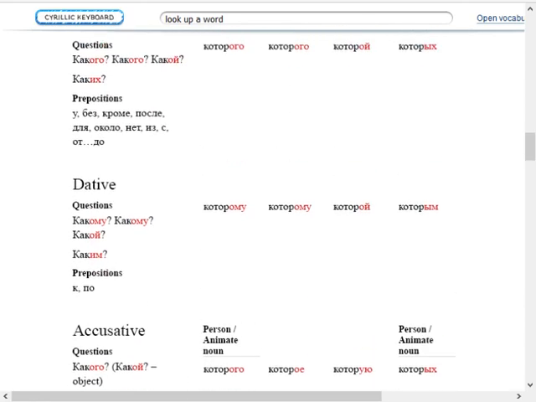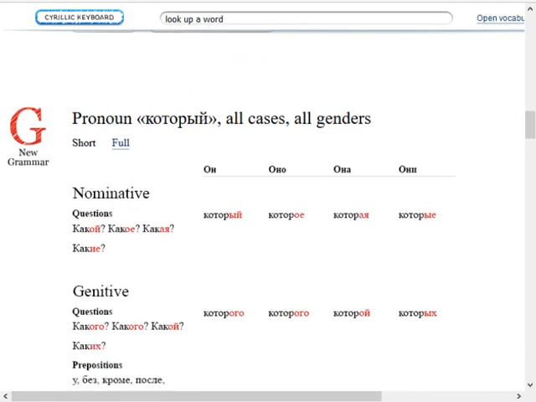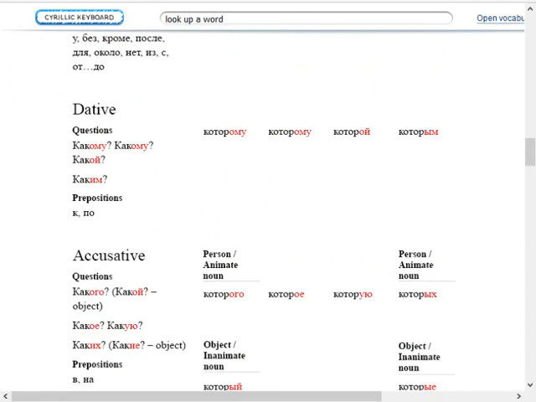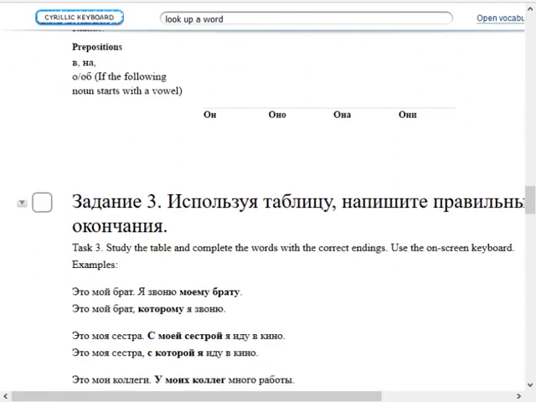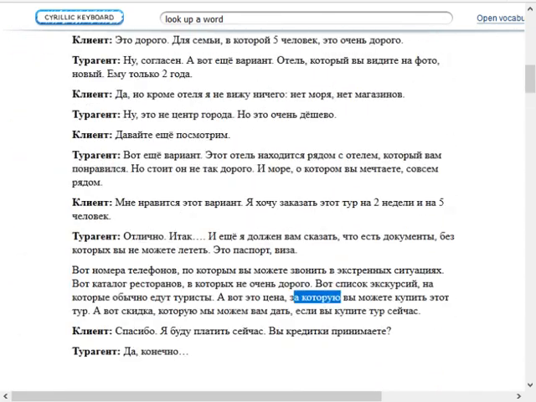It looks like accusative, and that's it. So it must be accusative case.